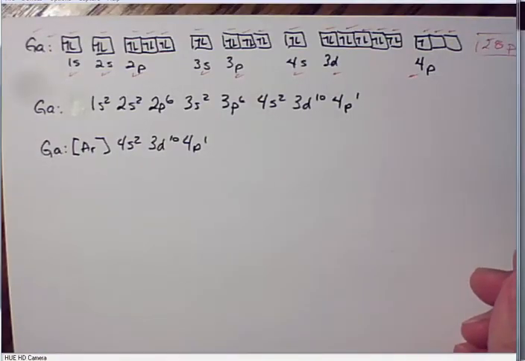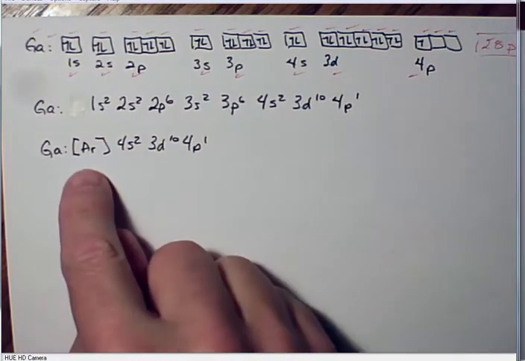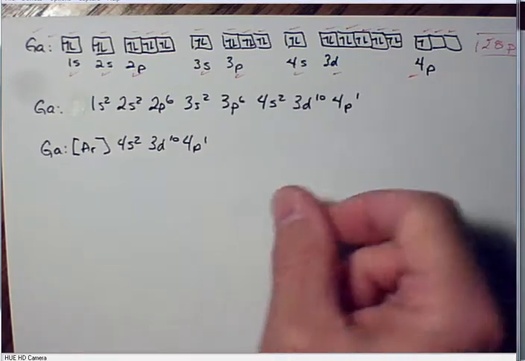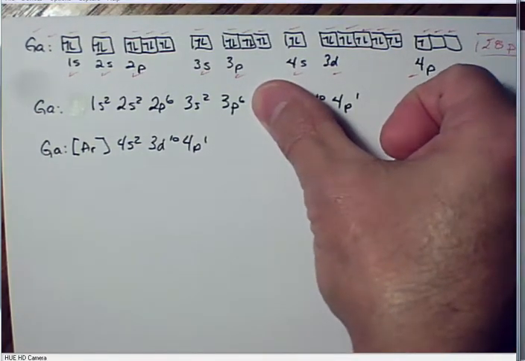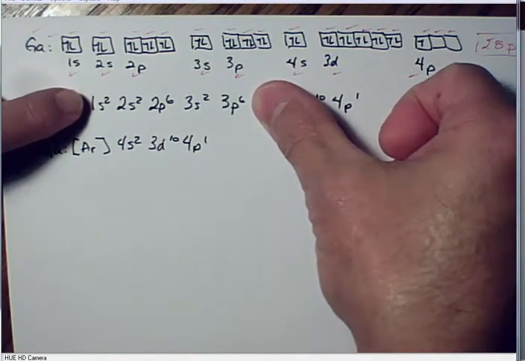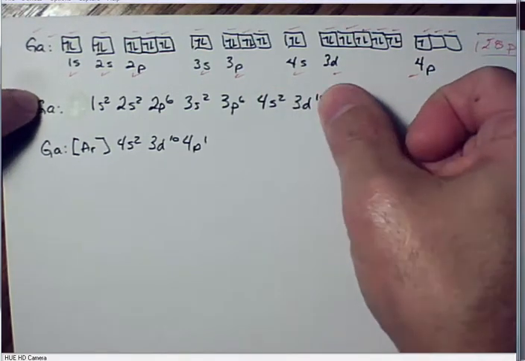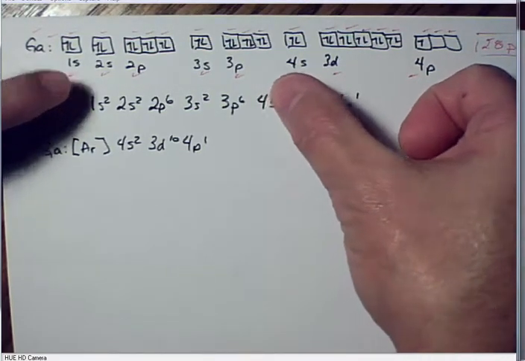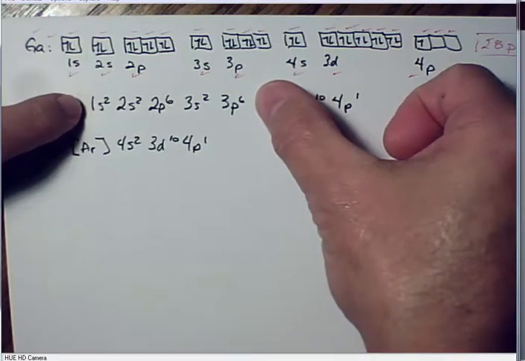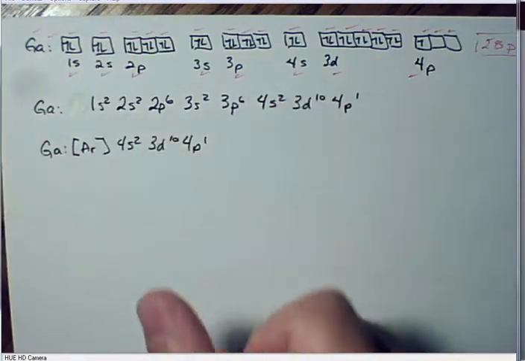So how did you figure out that you were going to start at 4s, then go up to 3d? Because argon's electron configuration stops here. We're replacing all of the electron configuration that is gallium's. The part that is the noble gas gets replaced with just the symbol in brackets.